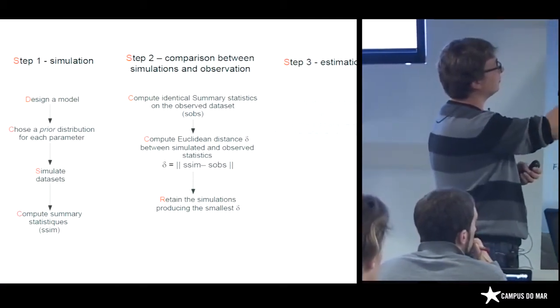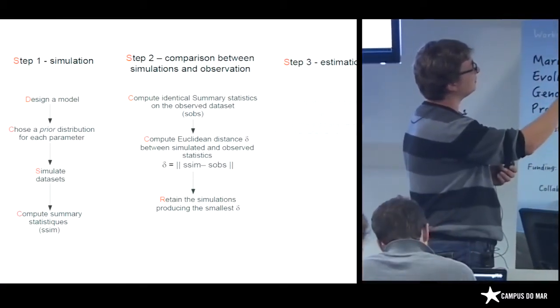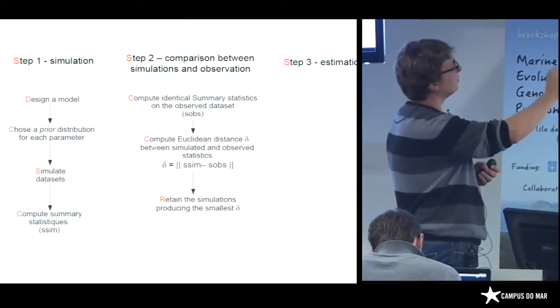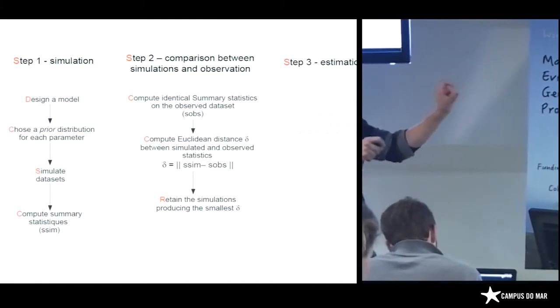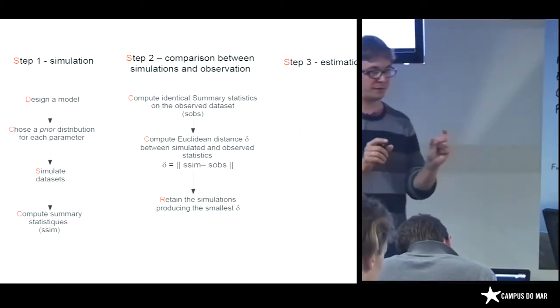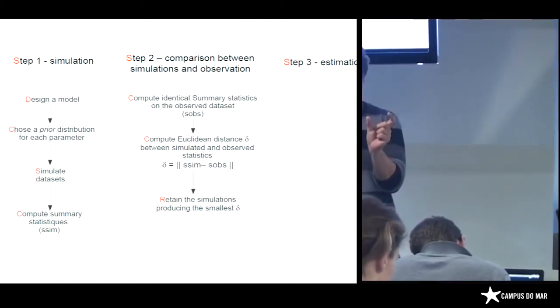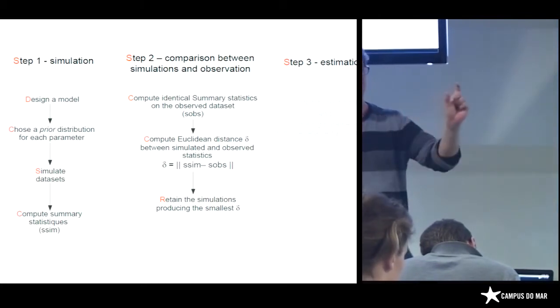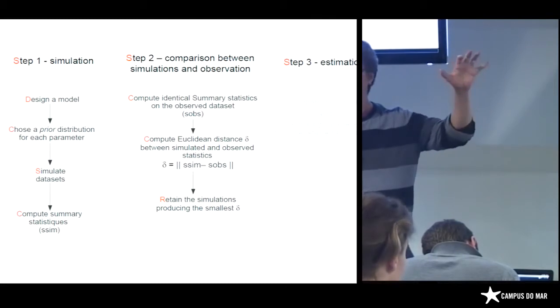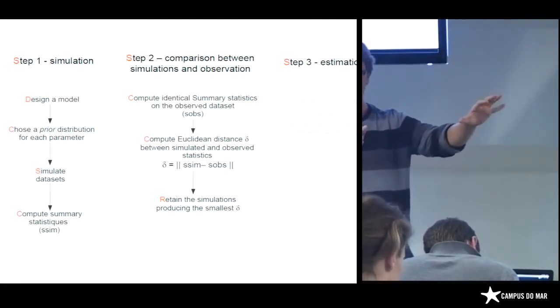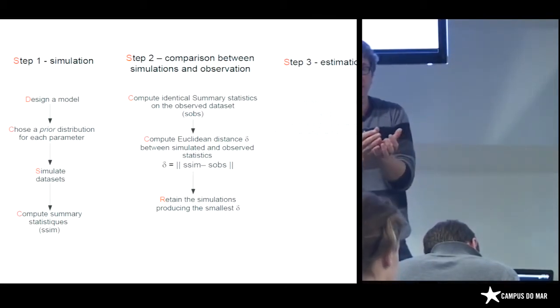Then you compute the Euclidean distance between simulated and observed statistics. I'm going to show a graph after. This is a measure of how different the dataset simulated under the scenario is from your observed dataset.